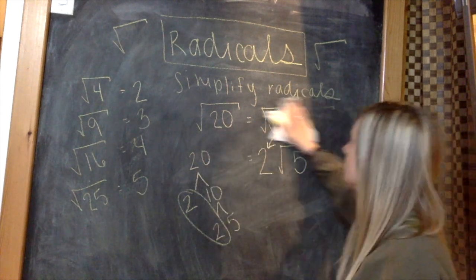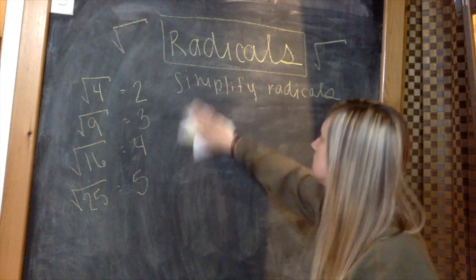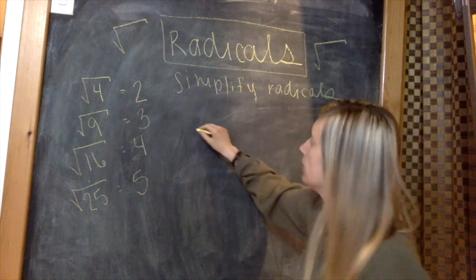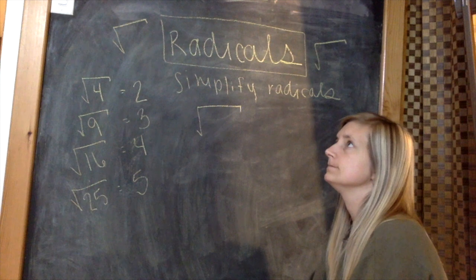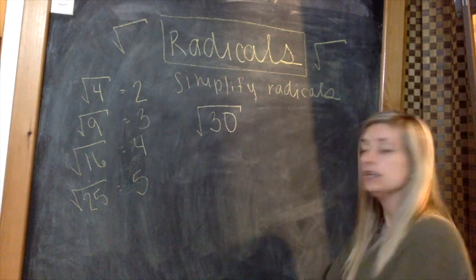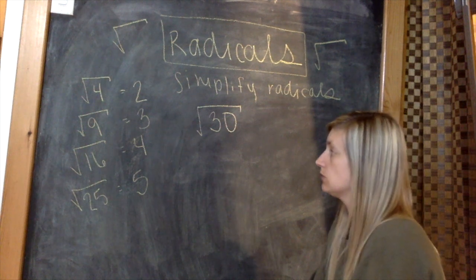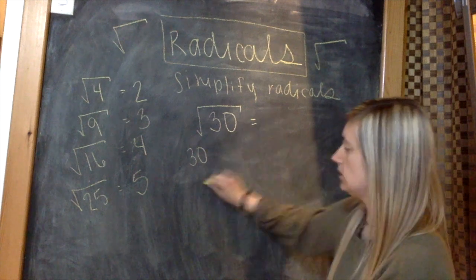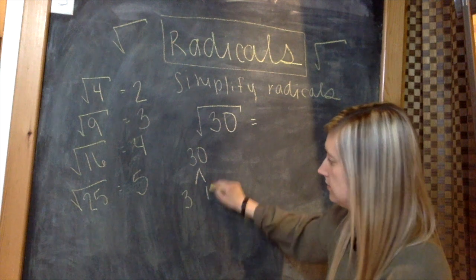Let's try another one. Let's do the square root of, let's go with 30. Okay, so square root 30. Our goal is to simplify this. So first you have to break it down. Find the prime factorization. So I'm going to go with 3 times 10.